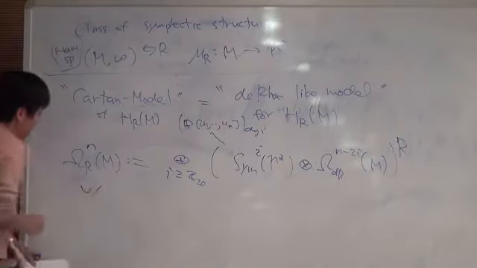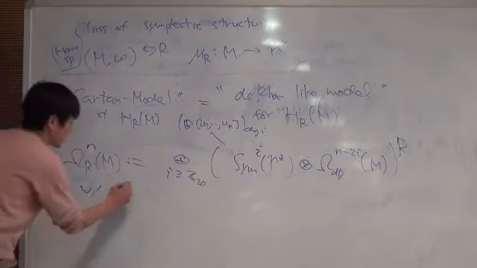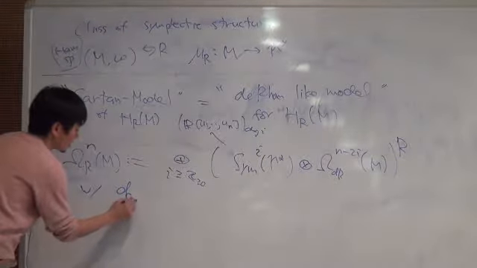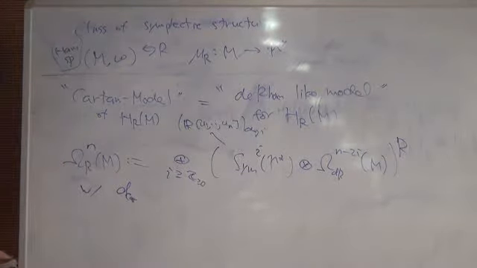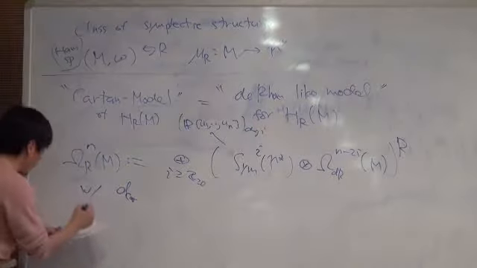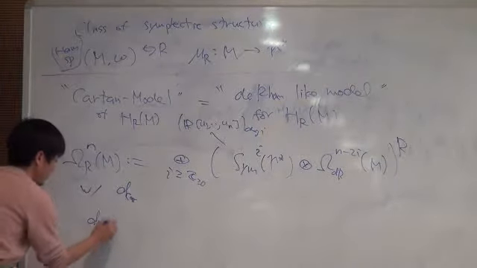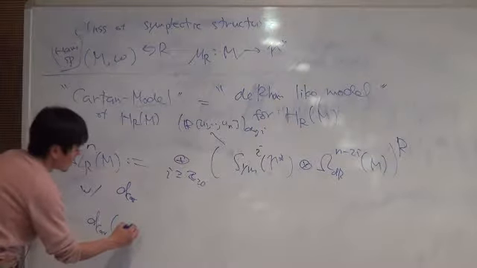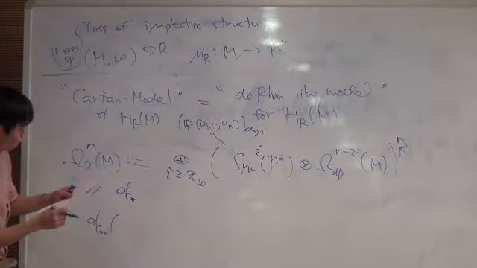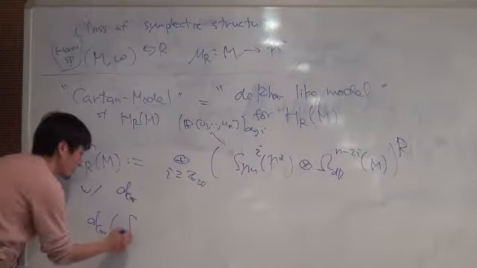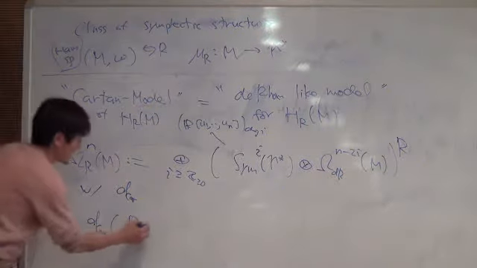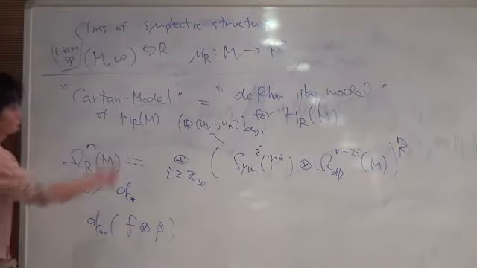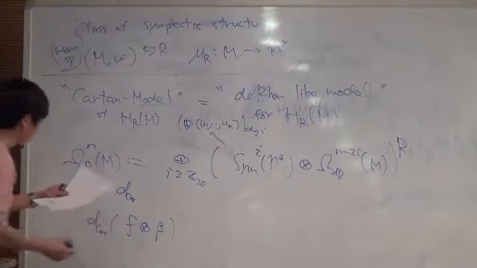The differential of this Cartan model is given by the following. You take elements from here, say F tensor beta, where F is a polynomial and beta is some differential form, supposed to be R-invariant.